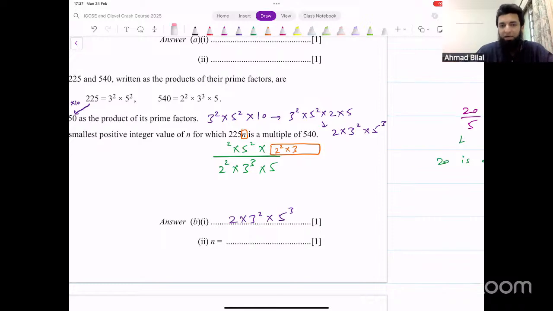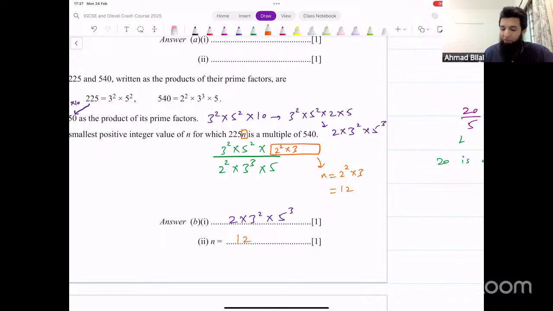So we have 2 squared times 3 in the numerator. And then what about 5? Now 5 is not a problem because we have 5 squared in the numerator. 5 squared over 5, that's already an integer. So we don't have to do anything for 5. That means n is 2 squared times 3, that is 12.